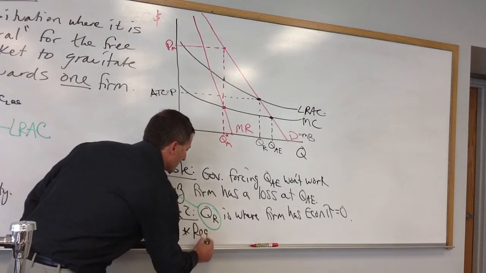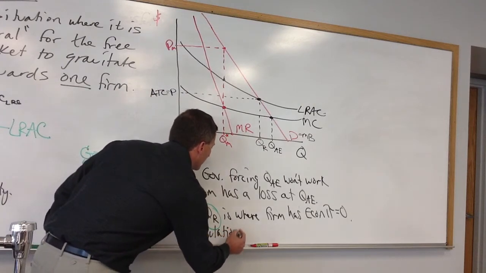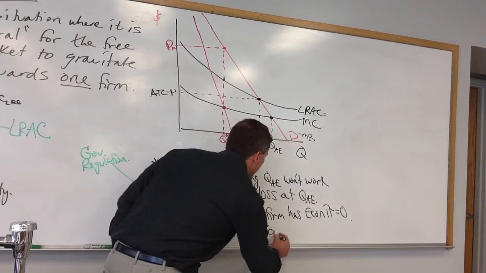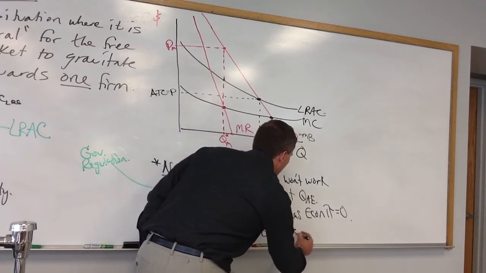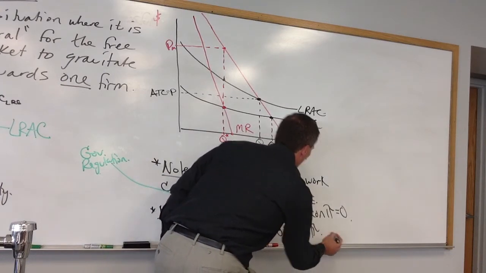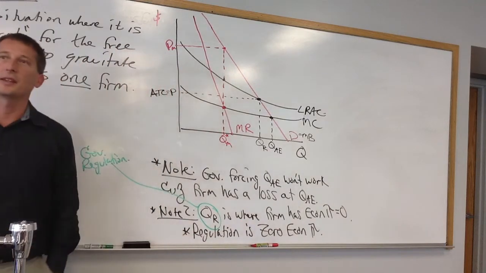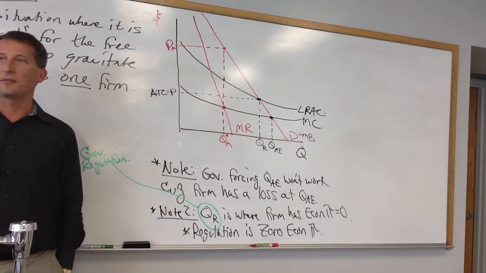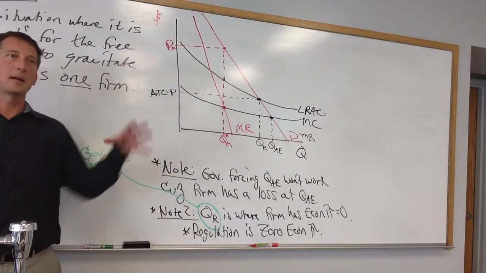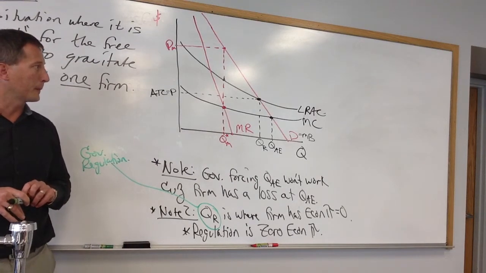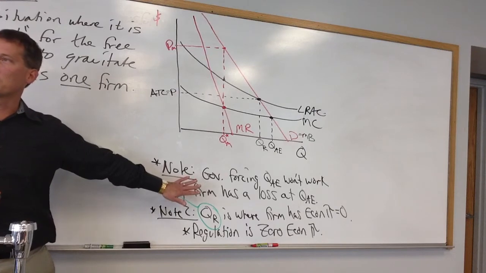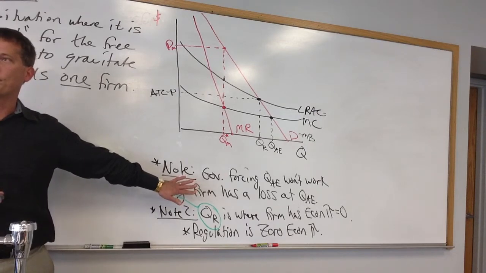The regulation is zero economic profit. Now that's important as we start to think about the behavior of the firm under this type of regulation. Does anybody have any other questions before we jump into that?